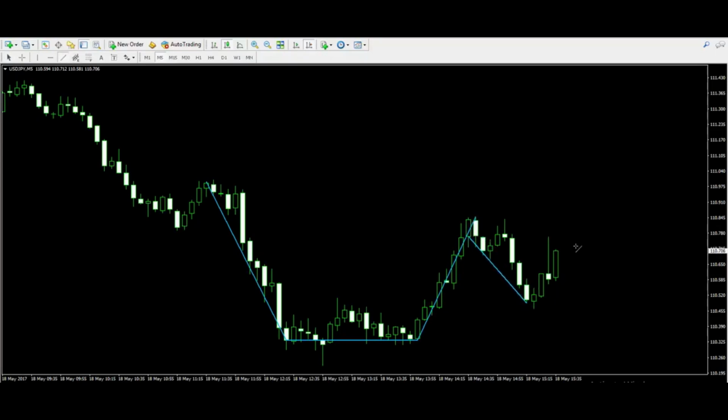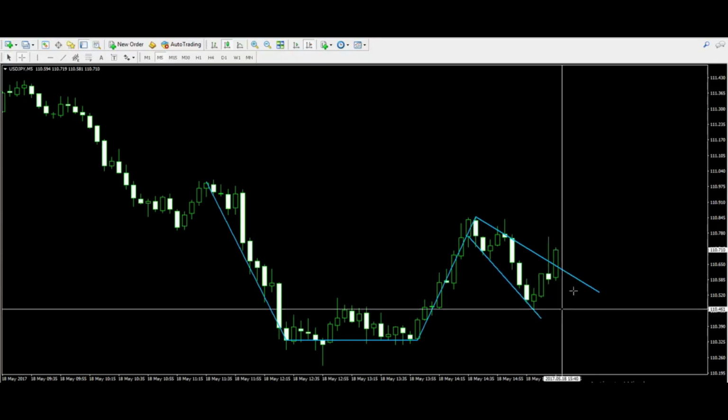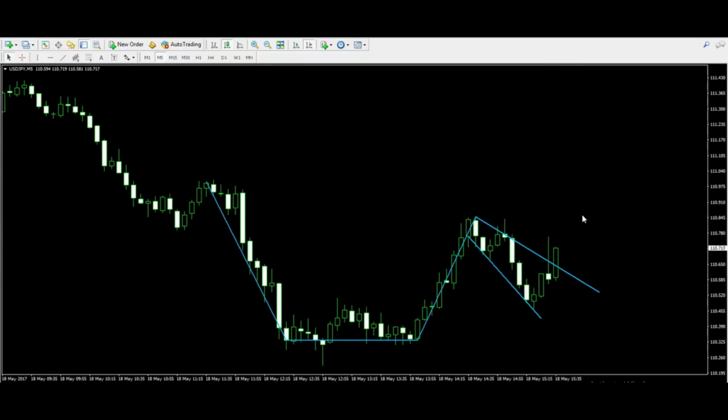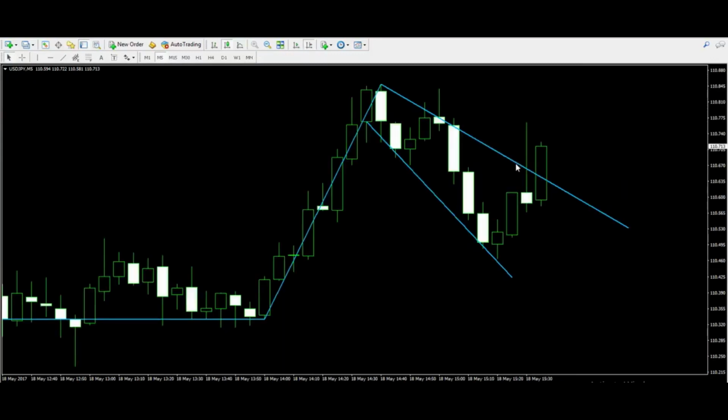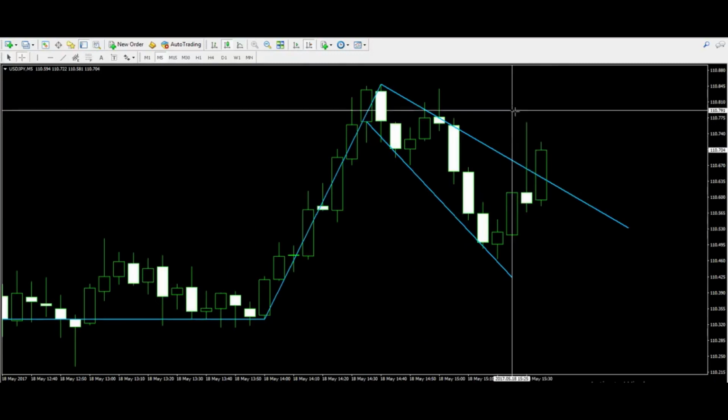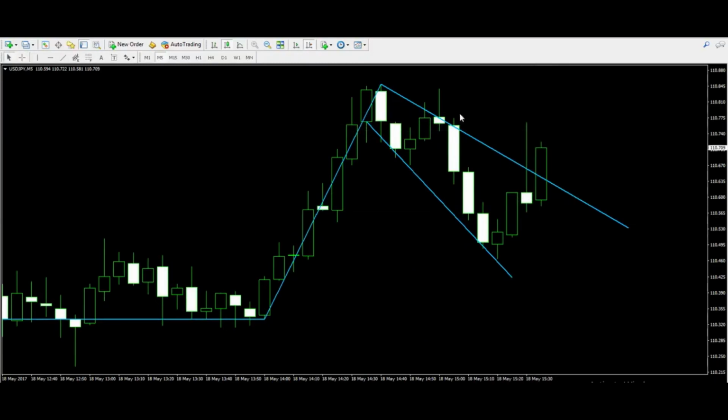Here, and eventually over here, something like this. And I see that the price is currently attempting to break the upper level of the candle, and when this 5-minute candle is finished, I will instantly buy the American dollar Japanese yen forex pair on the assumption that the price will increase and that this shooting star candle pattern will not be confirmed.